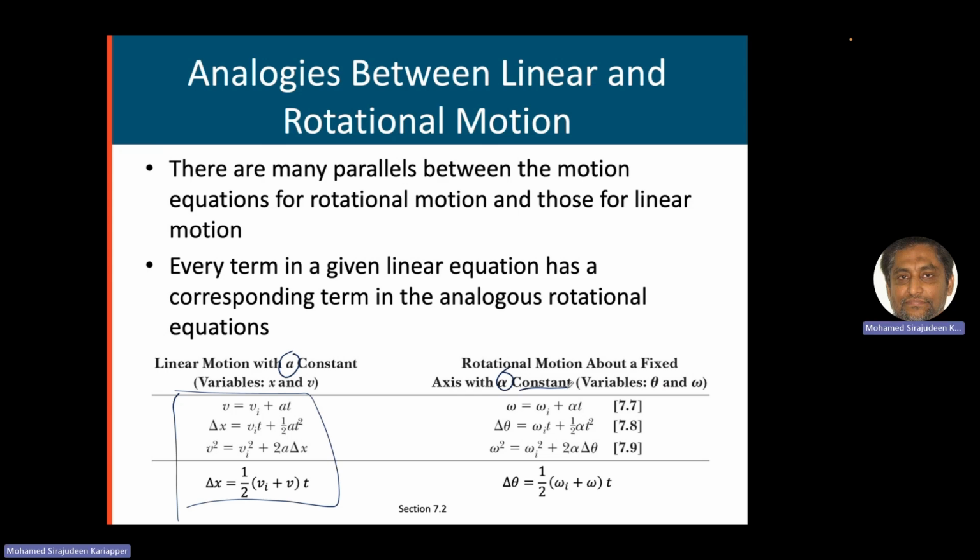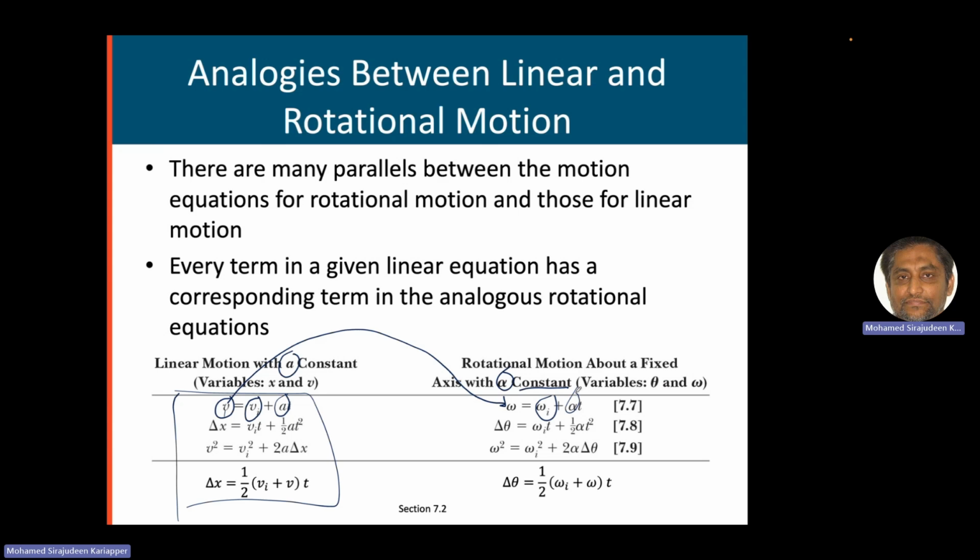All we do is replace the linear quantities by angular quantities. V final becomes omega final, V initial becomes omega initial, a becomes alpha, t is t, right? There's no angular time and linear time. So we just borrow everything from chapter 2. There is nothing new here.